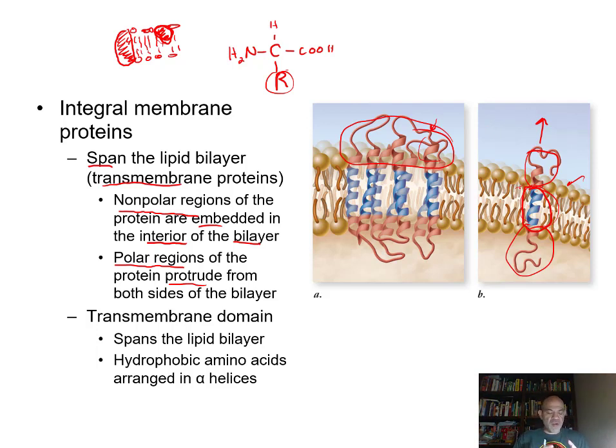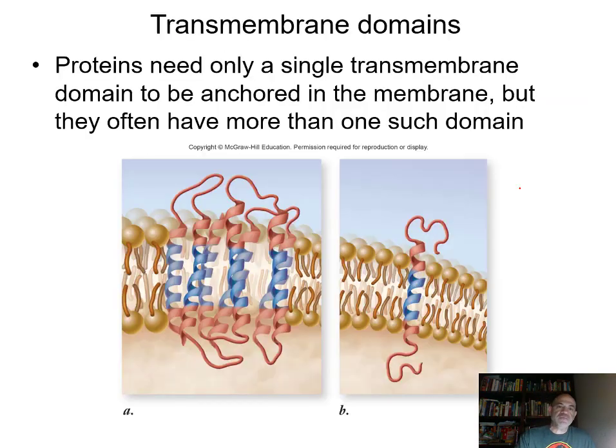And so the water molecules that are on the outside and the inside are more stable being with each other because of their hydrogen bonding, whereas the nonpolar is not very stable out there, so that water wanting to be with itself basically pushes the nonpolar part back in. Okay? So it's not just going to go floating around out freely from there. So this sort of helps keep those proteins within there.